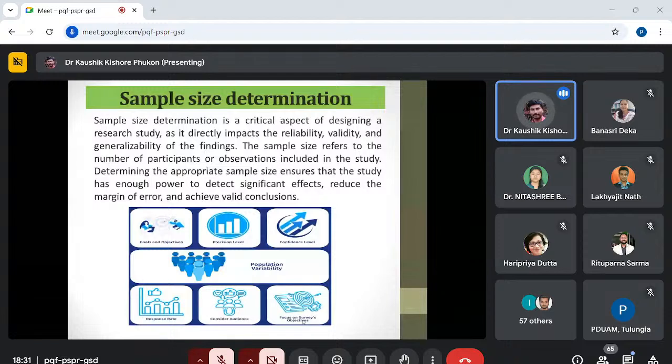Sample size determination is a critical aspect of designing a research study, as it directly impacts the reliability, validity, and generalizability of the findings. The sample size refers to the number of participants or observations included in the study. Determining the appropriate sample size ensures that the study has enough power to detect significant effects, reduce the margin of error, and achieve valid conclusions.